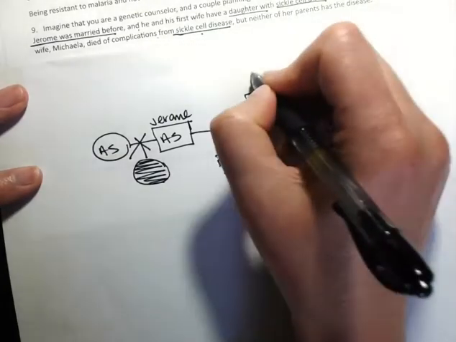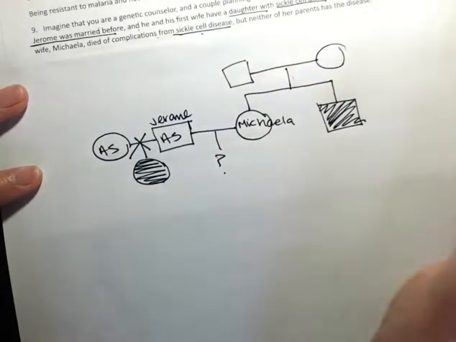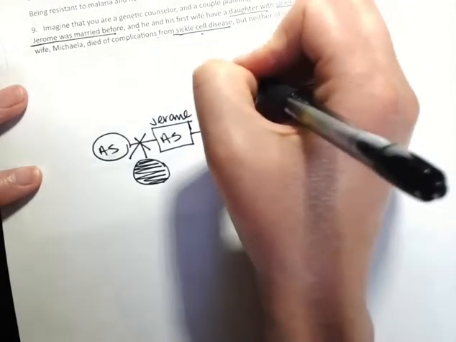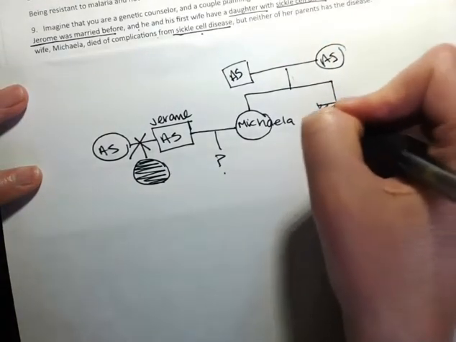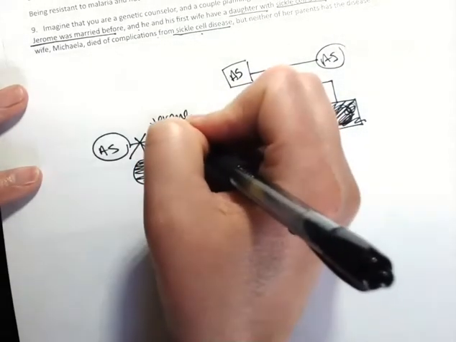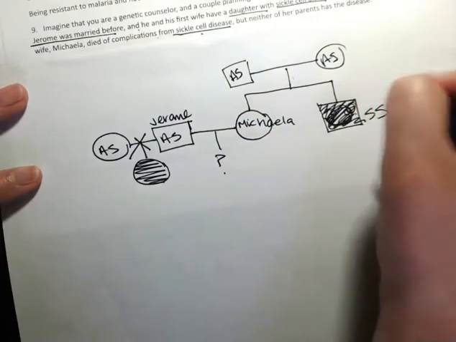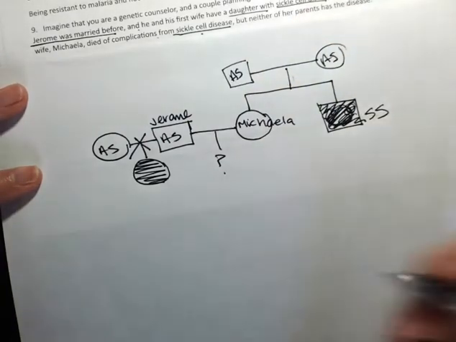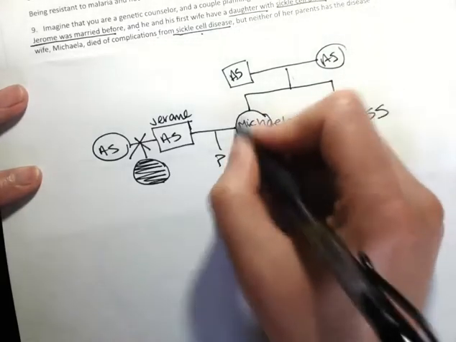But both of her parents did not have the disease, but because her brother had it, they must have been carriers. So we know Jerome, and we know her brother was SS. And we know the parents must have been carriers because they don't have the disease, but they have a child with the disease.